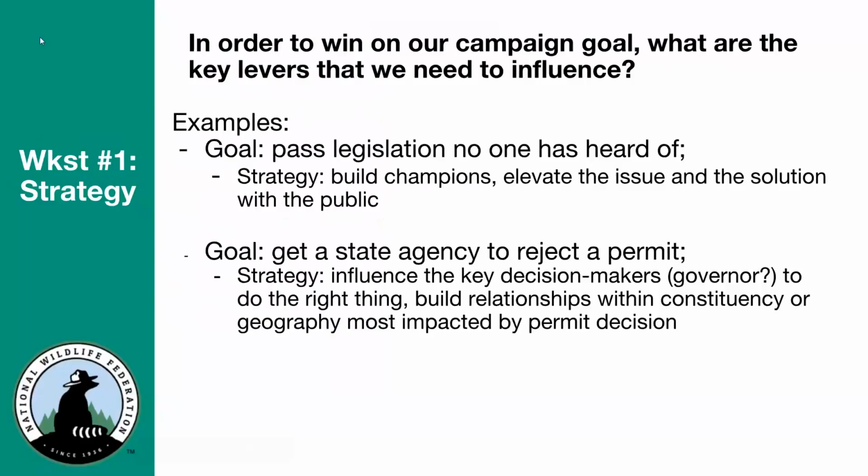Any campaign is going to have multiple strategies, but some common strategies you see are: build champs, who are decision makers who are really going to fight and help us win; provide cover to swing targets that maybe want to vote with us but need some political safety to do that; or influence swings who are on the fence and want to move towards us. Another strategy is to target clear opposition.